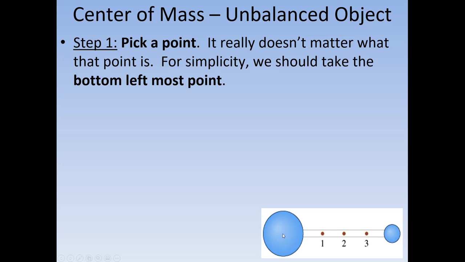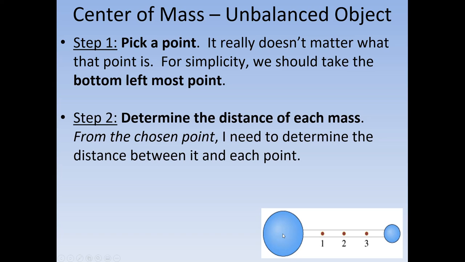So I'm going to put the point there, but typically I would move it to the very bottom leftmost point. So in this case, that's this point. Notice I'm not going to put it here because what matters isn't the mass itself, but the center of the mass. We mentioned that in the gravitational unit, that it's the center of the object that carries all the mass. So for this object, the center of the mass is the point I'm going to put it at.